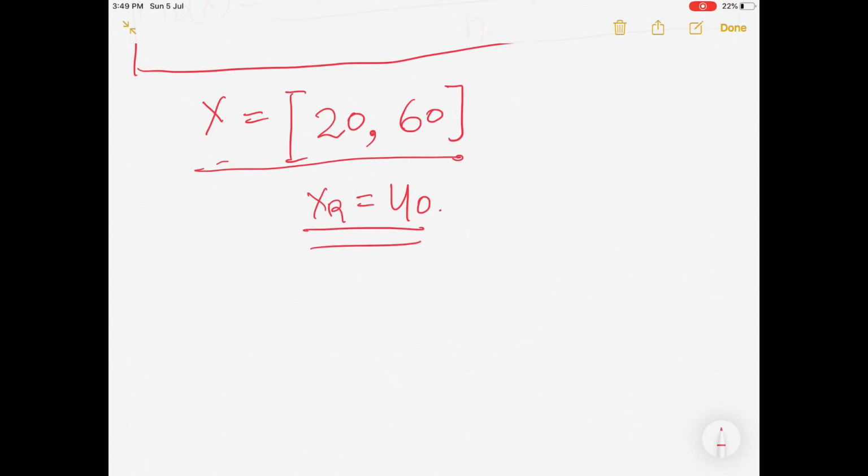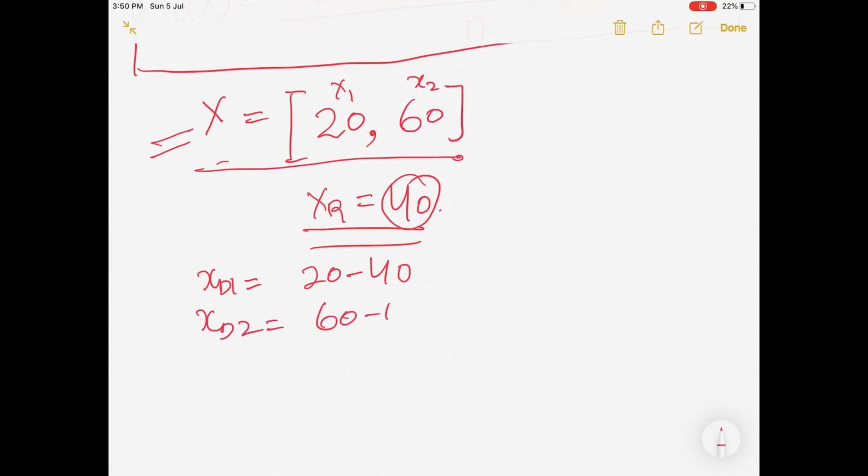So this is x1, this is x2. So xd1 equals 20 minus 40, because this is the point about which we are calculating the mean deviation, and xd2 would be 60 minus 40. This would be minus 20, and this would be 20.